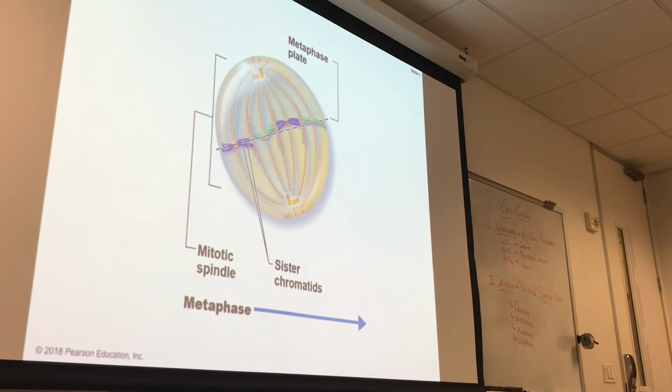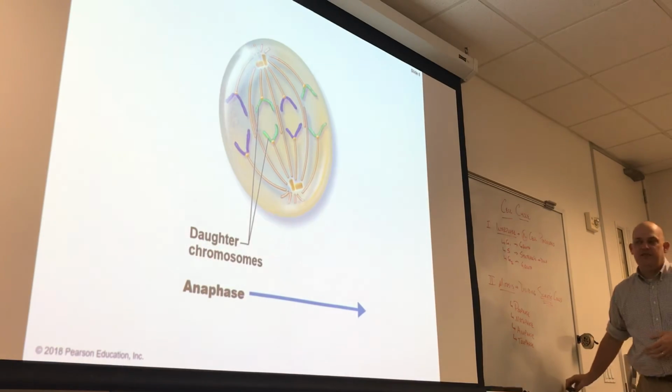Now at this point, the whole reason for us doing mitosis in the base case is so that we can split the genetic material into two, bringing half of it to one cell and half of it to the other cell that we're creating. And that's what starts to occur during the third phase, which is anaphase.